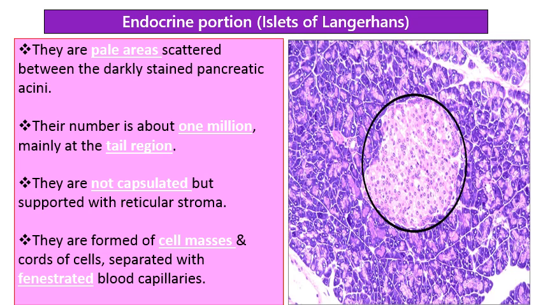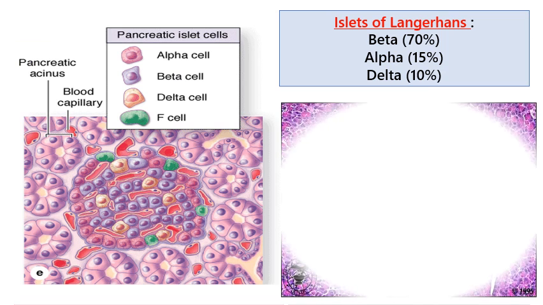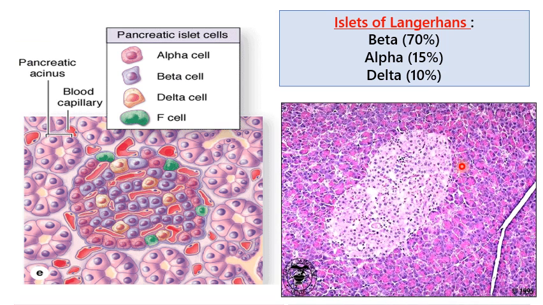They are not capsulated but supported with reticular stroma. They are formed of cell masses or cords separated by fenestrated blood capillaries. Islets of Langerhans are formed of beta cells 70%, alpha cells 15%, and delta cells 10%. This pale area is an islet of Langerhans.